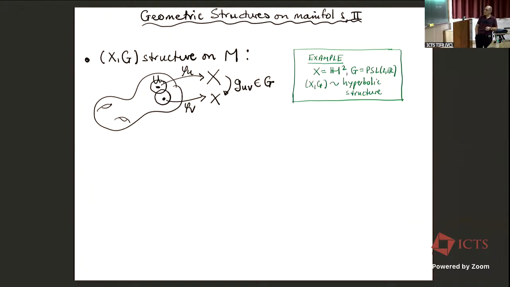So if you have a manifold which can be described as covered by open sets with homeomorphisms to the model geometry such that the local descriptions are related by an element of the isometry group, then that puts an (X,G) structure on the manifold.